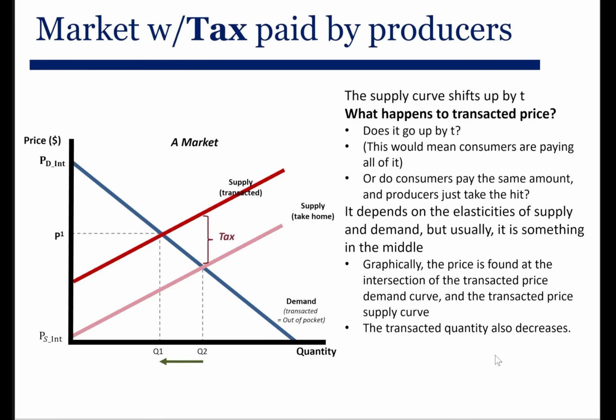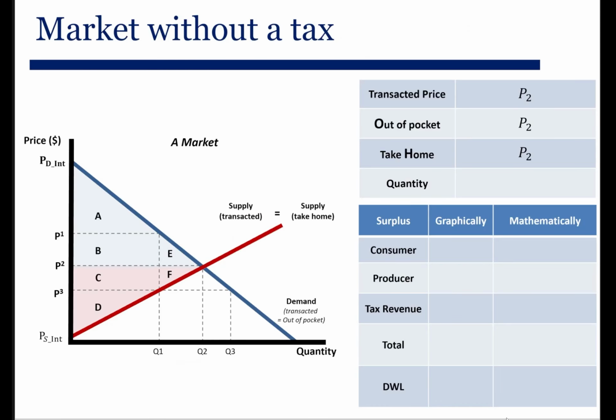Now let's take a closer look at that using our framework of consumer and producer surplus. You can see in this table here, I've now added a row to capture the revenue the government is taking in. When we don't have a tax, the transacted price, the out-of-pocket cost, the take-home amount, all of those are the same thing.